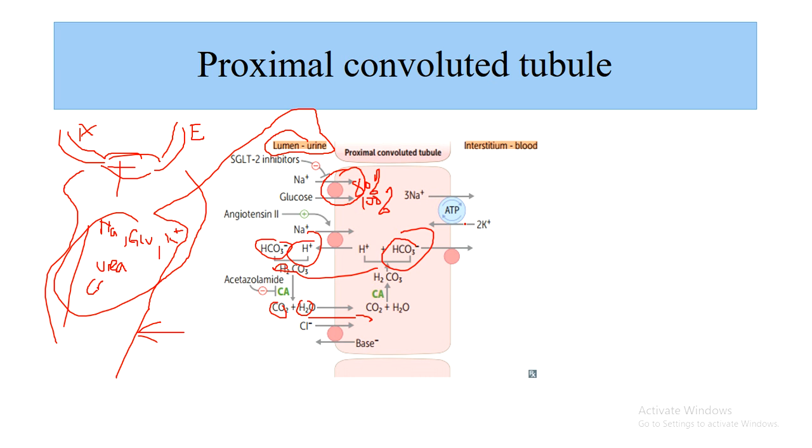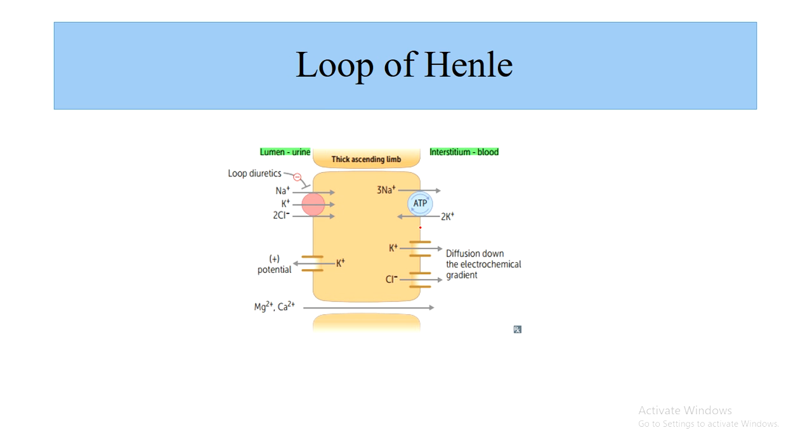So next, we have reabsorbed some sodium, but some potassium remains. This is the thick ascending limb. Why ascending limb? Because in the loop of Henle, we have descending and ascending.